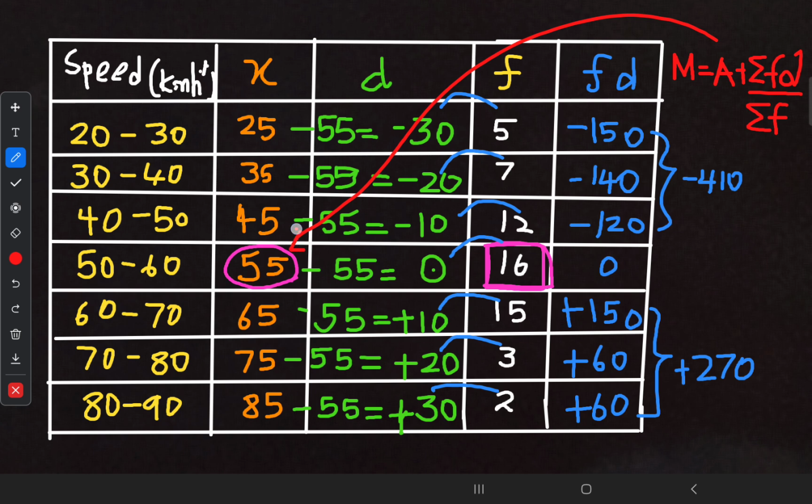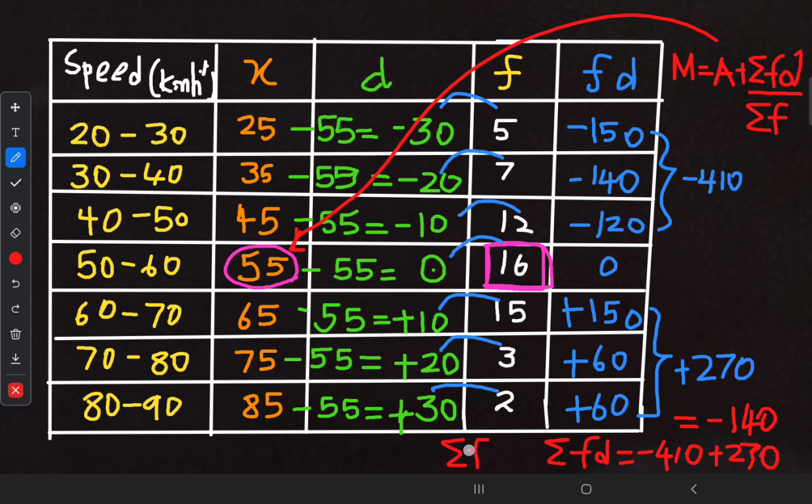Sigma FD is the summation of the FD column. For that, we identified the negative summation, negative 410, and the positive summation, positive 270. When you add them up, the final answer is negative 140. Sigma FD is negative 140.